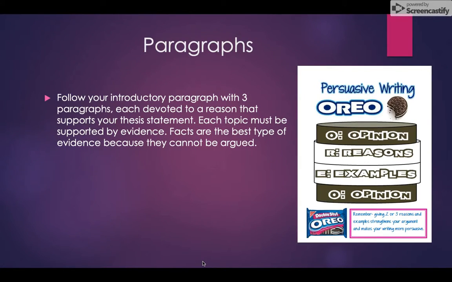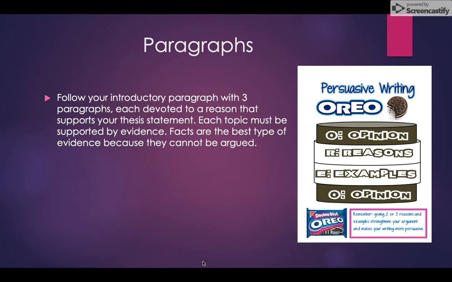After you complete your first paragraph, you will need to also add 3 more paragraphs, which are also known as the body of your essay. As you can see in the picture provided, you are looking at an Oreo. Now, when you think of an Oreo, you have 2 cookies with cream inside. The cookies represent your opinion, while the cream represents your reasons or examples to back up that opinion.